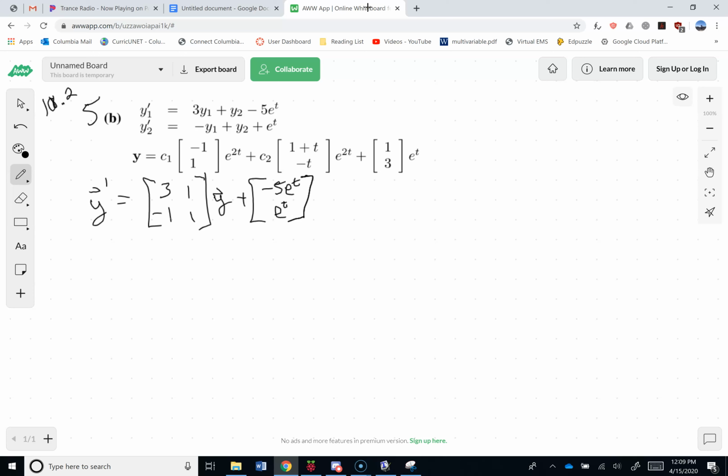Okay, so playing this out, if I rewrite y, then y is itself minus c1 e to the 2t, c1, sorry, I'm saying this in a non-standard order. So the first column is minus c1 e to the 2t and c1 e to the 2t.